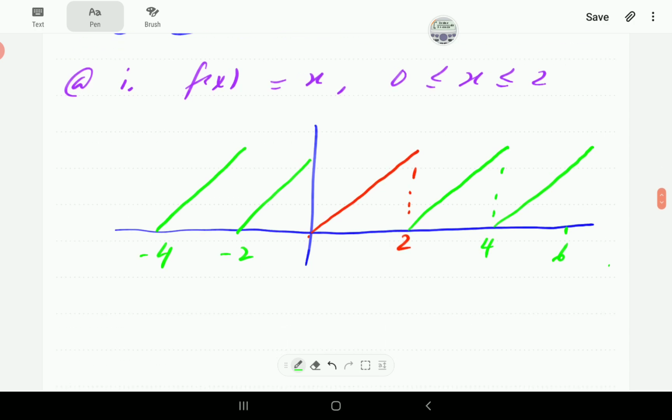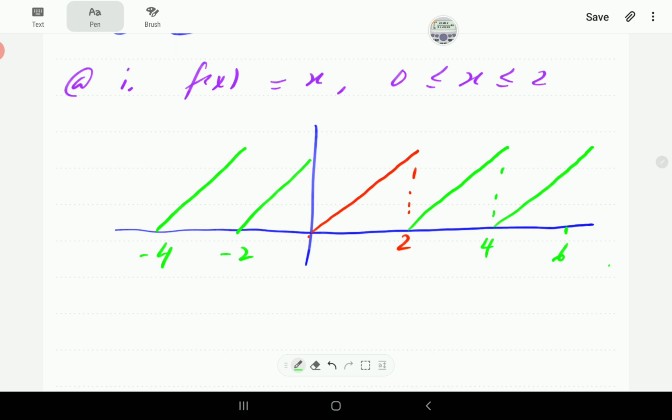Now, as we mentioned before, whenever we are finding the full range series, the question is always: is the extension odd or even? We know this function is odd, but since it's defined over one side of the origin, the extension may be odd, may be even, or maybe neither. If you try to reflect this line, it's going to go like that, so it's definitely not even.